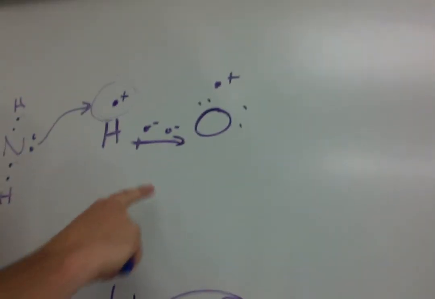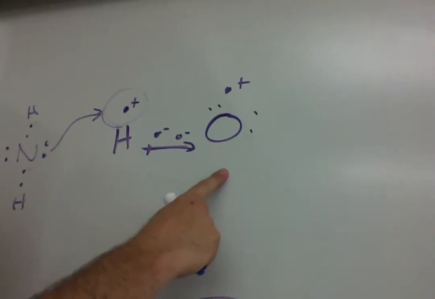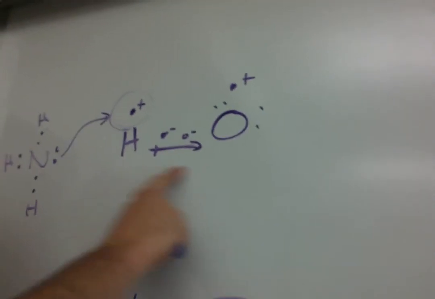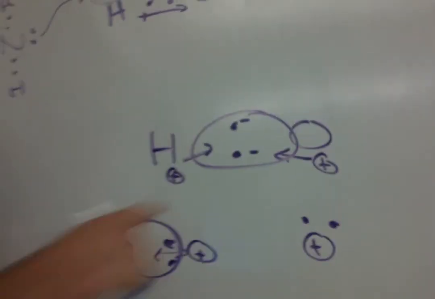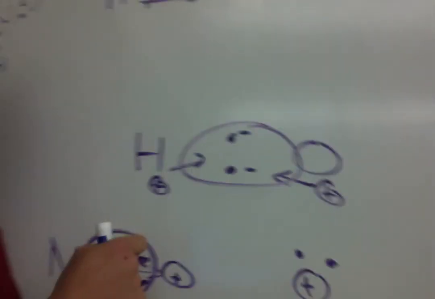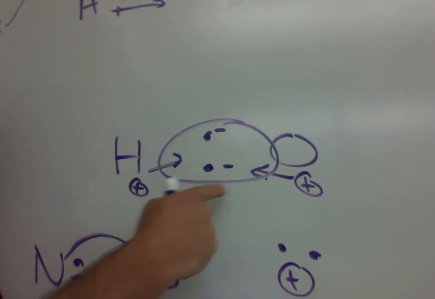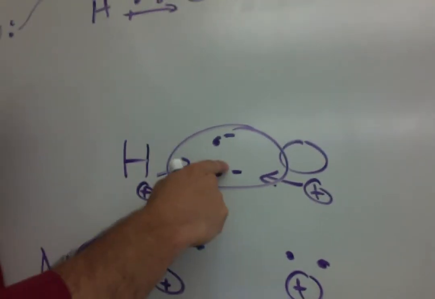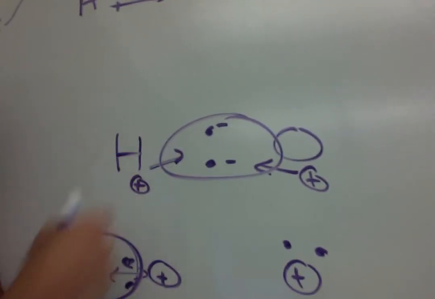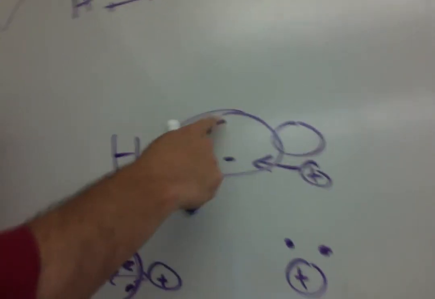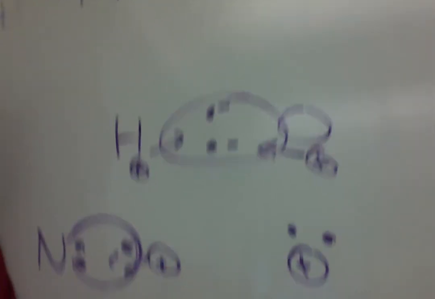Well, the hydrogen-oxygen bond is polar. The electrons are favoring the oxygen. When the electrons are between the two nuclei, the nuclei are attracted to the area between them because of the negative charge of the electrons.